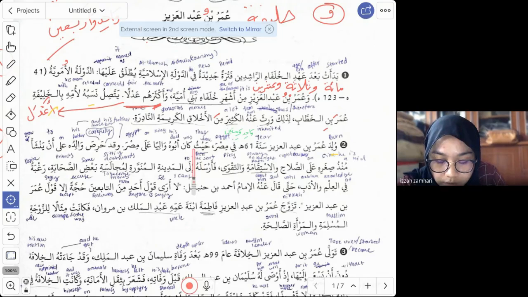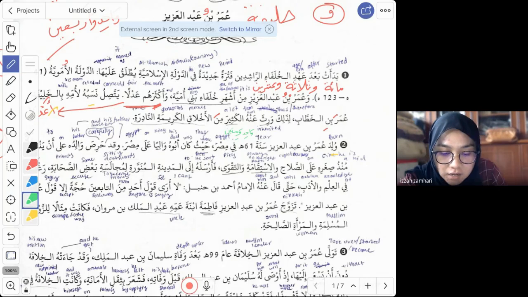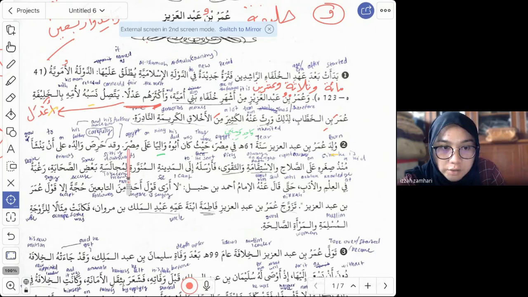Haitsu means where. Kana means was. Abuhu means his father. Waliyan means the king, ala Misra, on Egypt.